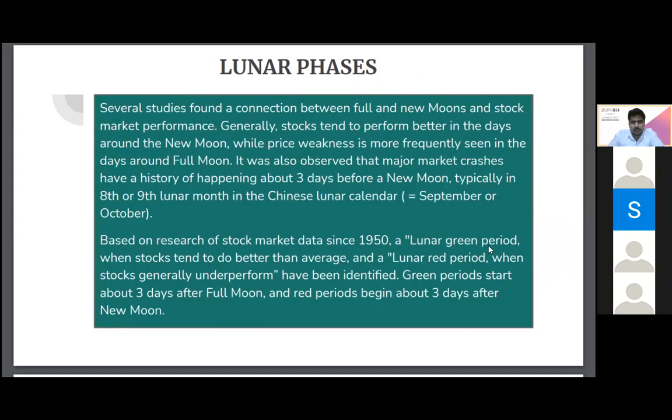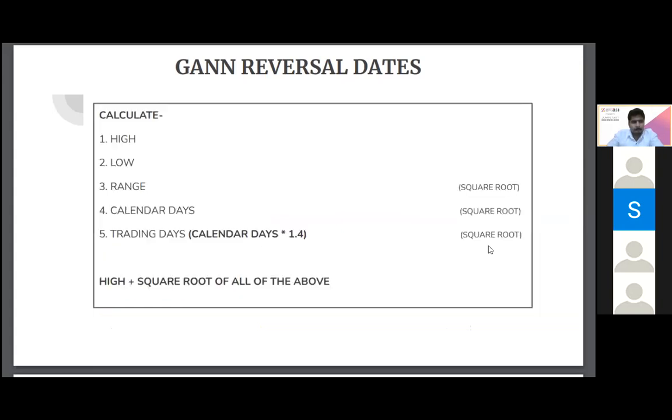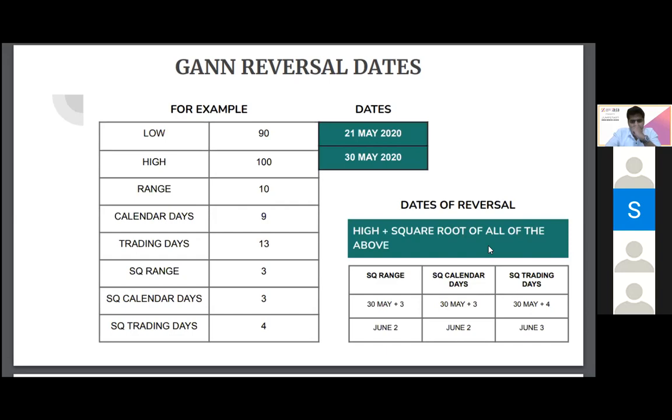Can you repeat it one more time, Aditi? Yes, sure. I've given the formula here as well. The formula for reversal dates for long term is high plus square root of range, calendar days, or trading days individually. So in the example, say the low occurred on 21st May, which was 90.